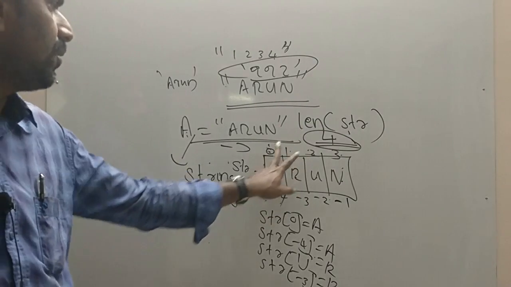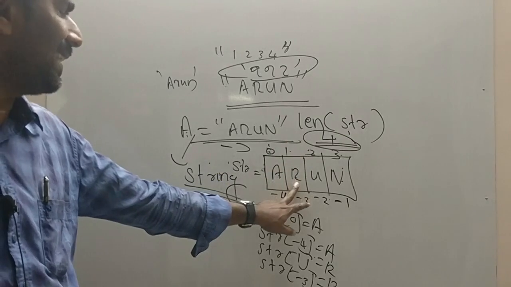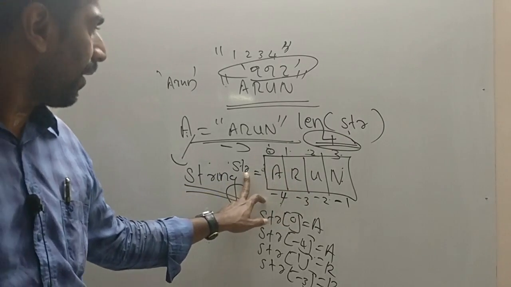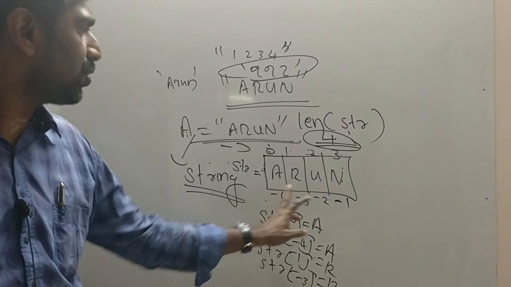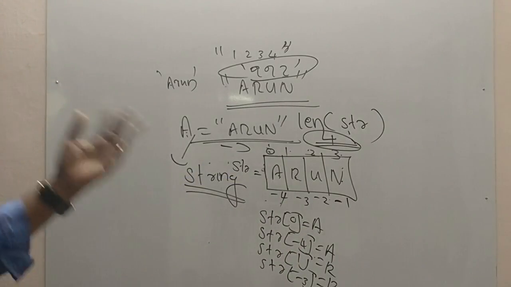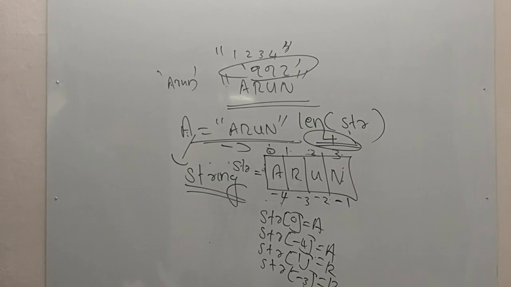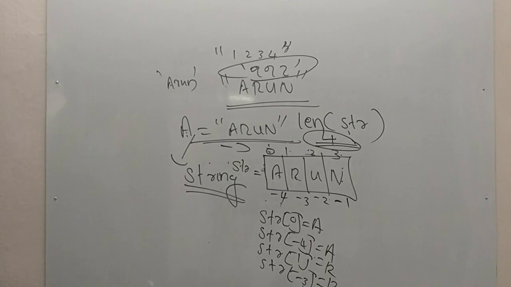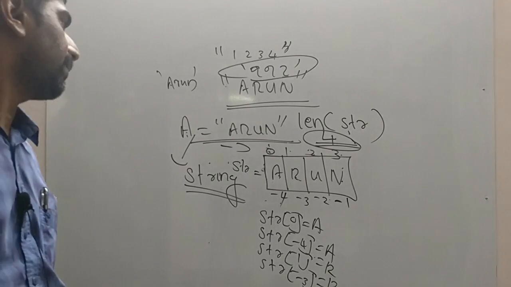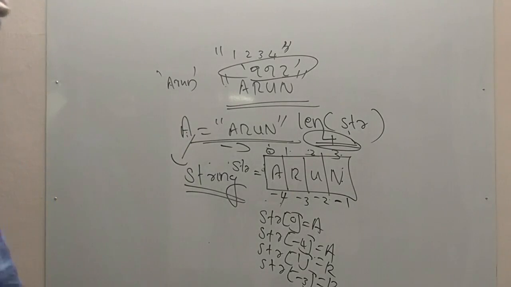Either you can use str of 1 and you will get R, otherwise you can write str of 3 and at that time also you will get R. Clear? So both indexes we can use in strings. Then one more is the len function. The len function is used to find the length of the string. Okay, so the string is also over.